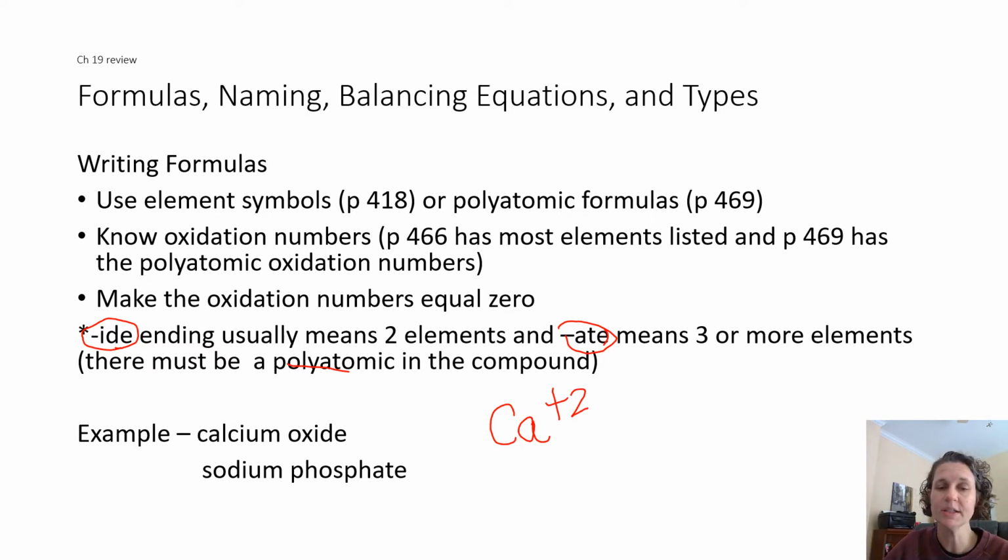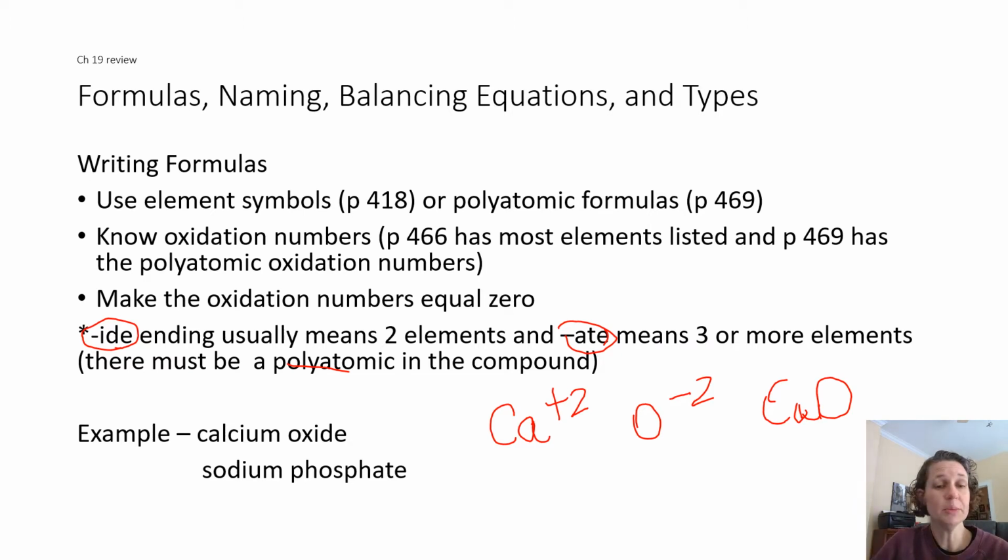Everything in that column has a +2 oxidation. Oxide is O with a -2. Now those two already equal 0, and so I don't need to add subscripts. I just write the formula. So I have a CaO. And those two equal 0.